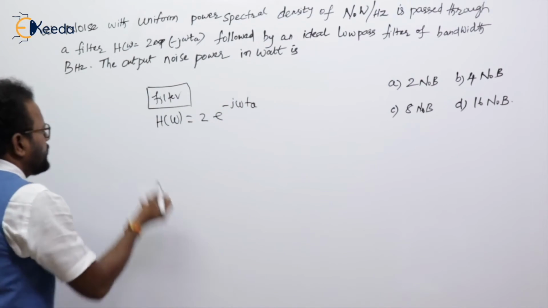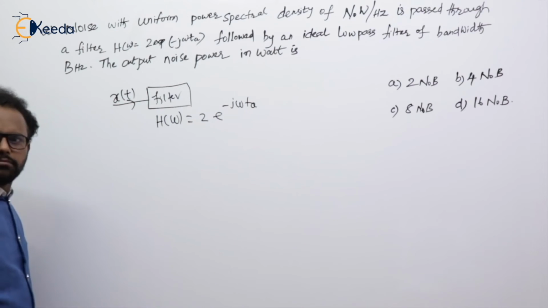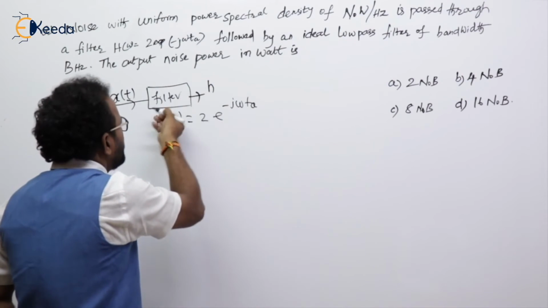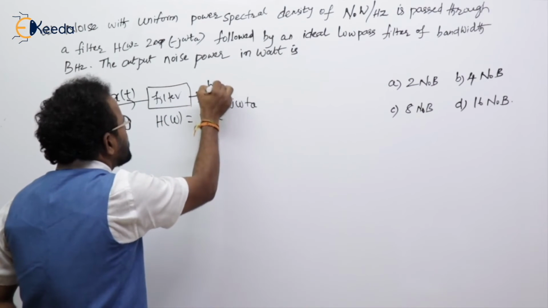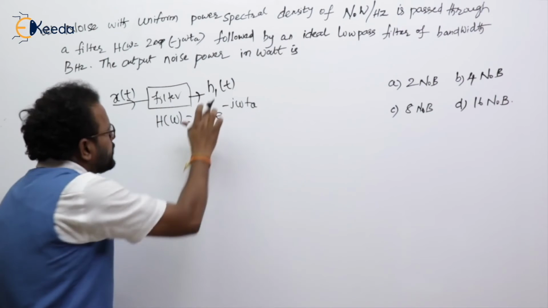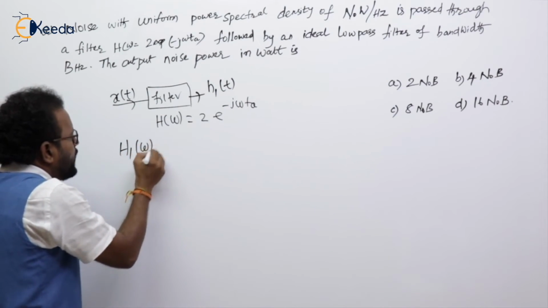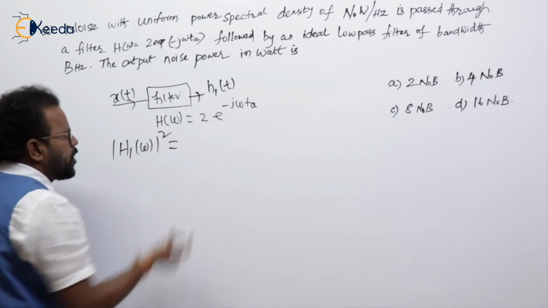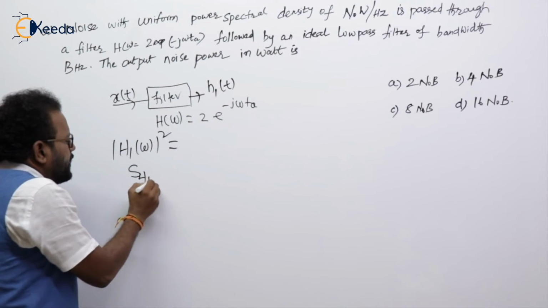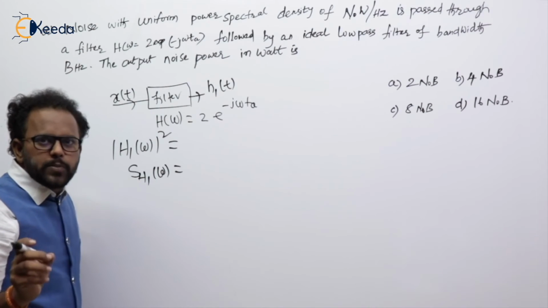We already know that the input is x(t) and the output is some h(t). The transfer function is already there, so let's take it as h1(t). We already know the output power spectral density, that is |H1(ω)|², is nothing but the input power spectral density times |H(ω)|².